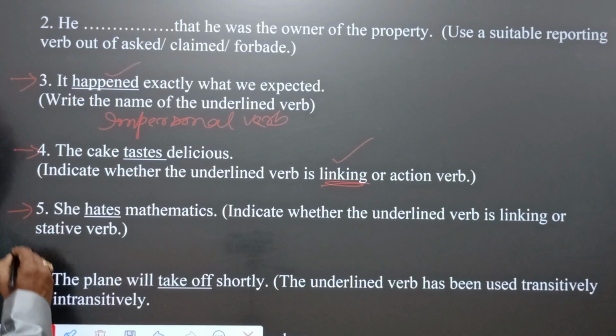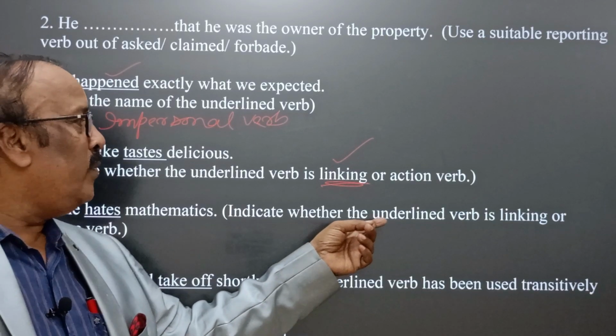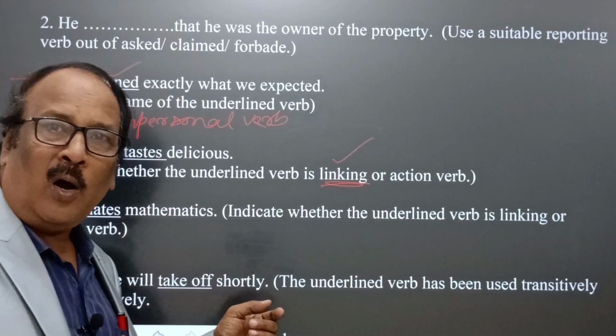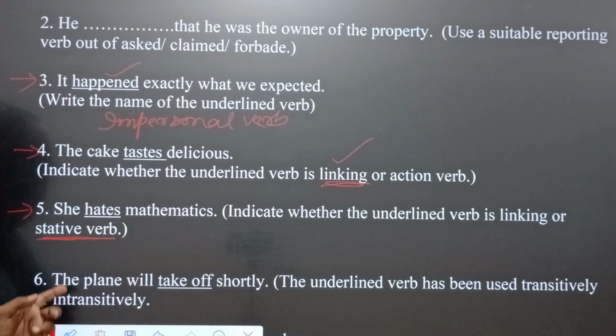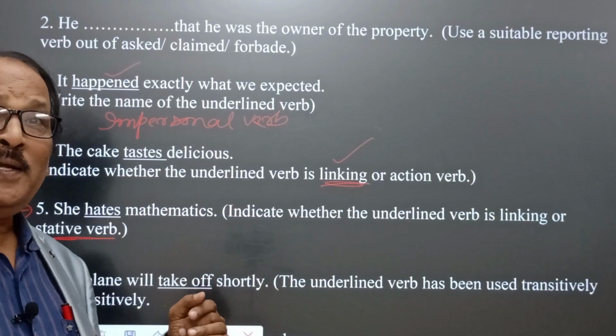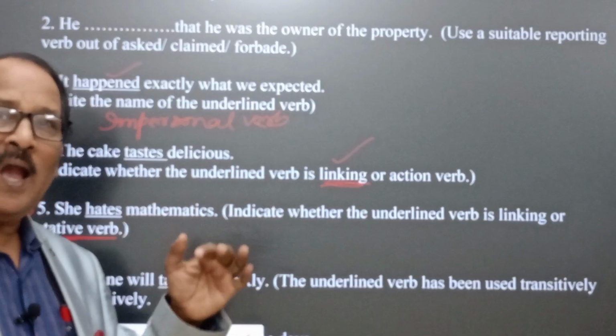Question number 5. She hates mathematics. Indicate whether the underlined verb is linking or stative verb. Hate is here the stative verb because a stative verb indicates state, emotion, thought or sensory actions.